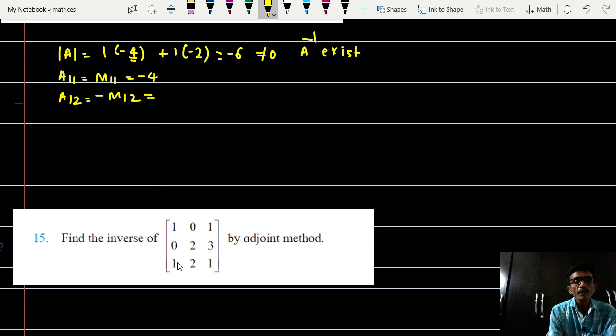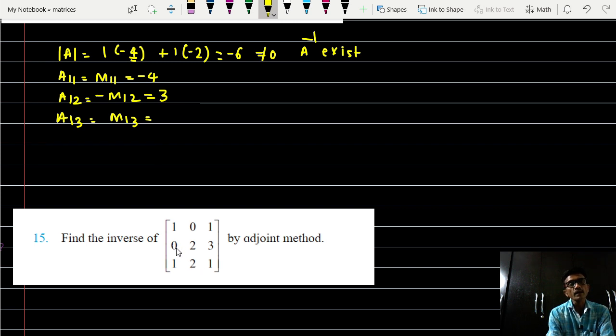So 0 minus 3. Okay, it is 0 and minus 3. This minus of minus will be plus 3. A13 is equal to M13 which is फर्स्ट रो और थर्ड कॉलम डिलीट करना है. ये एलिमेंट्स मिलेंगे 0, 2 और 1, 2.